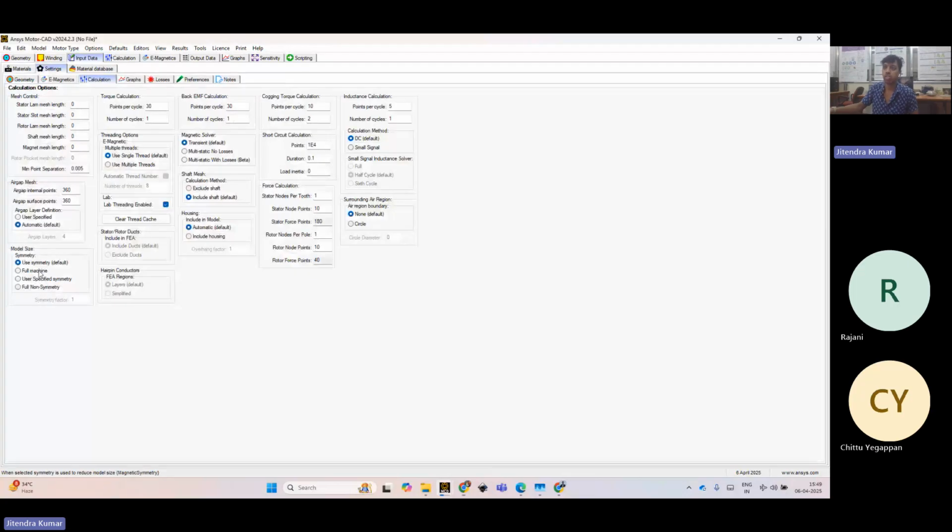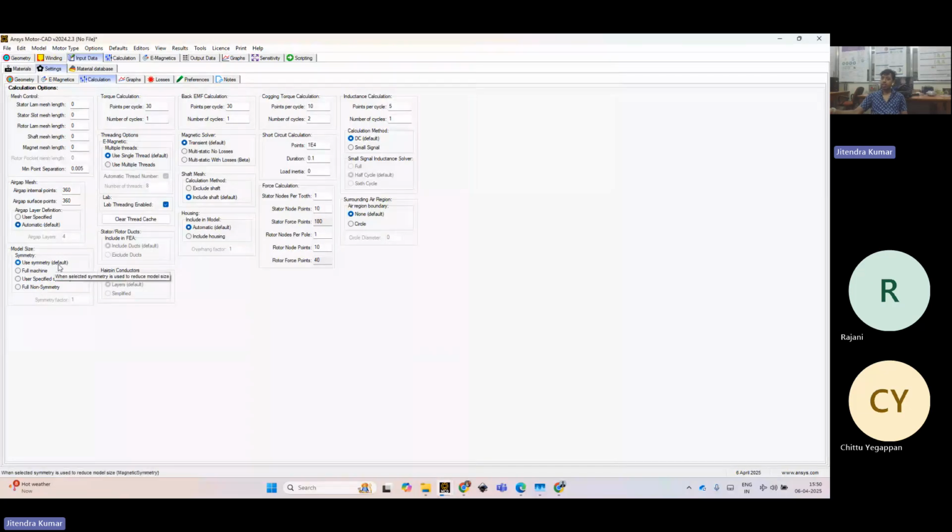I hope you are able to see my software screen. Here we have model size. You could use the full machine, or a specified symmetry like half or 1/4. But for default symmetry, we only simulate one pole pitch, or one pole, to show how the flux is flowing in the one pole.